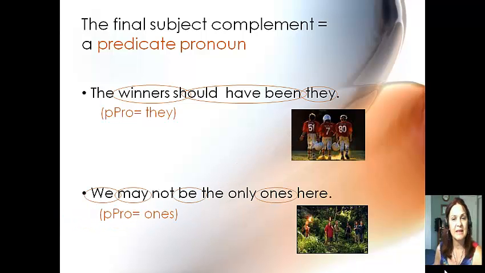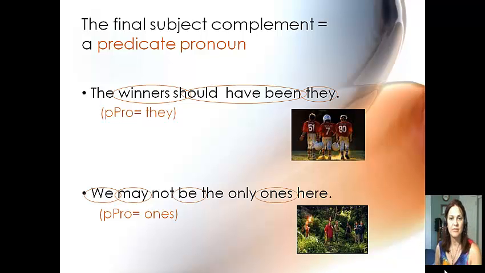So my linking verb is may be. Remember, your negatives are not included in your verbs. So my linking verb is may be. My subject is we. So the verb may be connects we to ones. So my predicate pronoun would be ones.